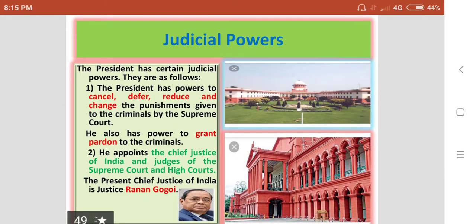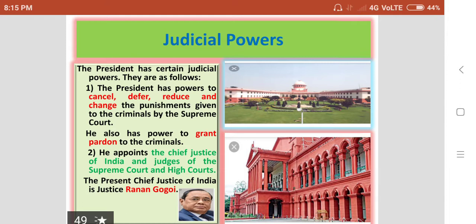Powers of the President of India. The President has certain judicial powers. So they are: the President has powers to cancel, defer, reduce, and change the punishments given to the criminals by the Supreme Court.